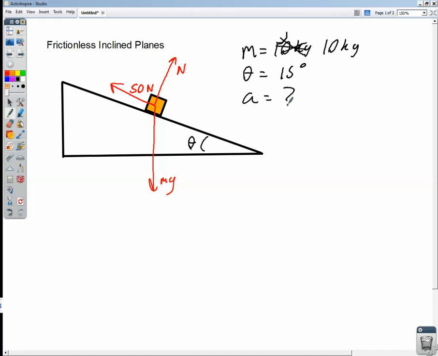We need to look at the component of the weight that's going down the ramp, mg in the x direction. If mg in the x direction is bigger than 50, the block's going to accelerate down the ramp. If mg in the x direction is less than 50, the block's going to accelerate up the ramp. And if they're equal, the block's not going to move, or it's going to move with a constant velocity.